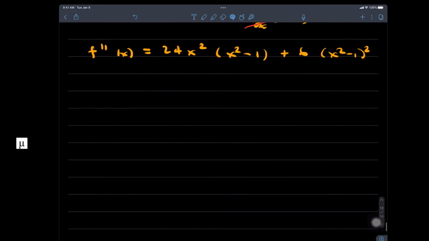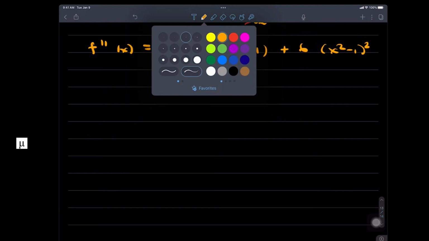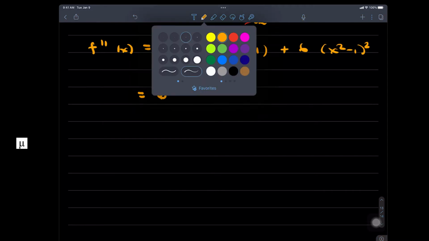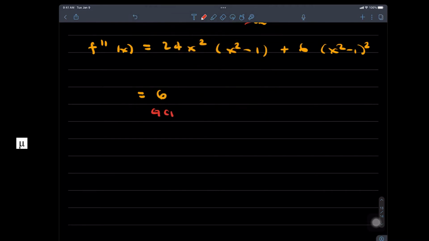Now what can you do here? Do you guys remember what I said you're going to need to do in our future? You got to look at that algebra for calculus students. What do you factor out? Looks like the only thing we can factor out for the constants is 6. We got to take out the greatest common factor.